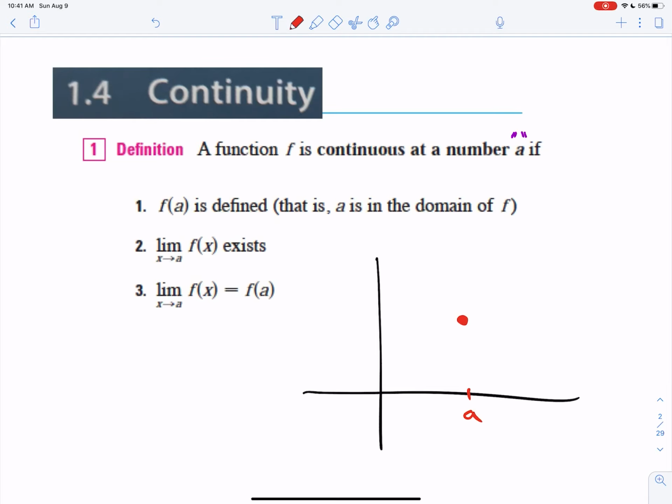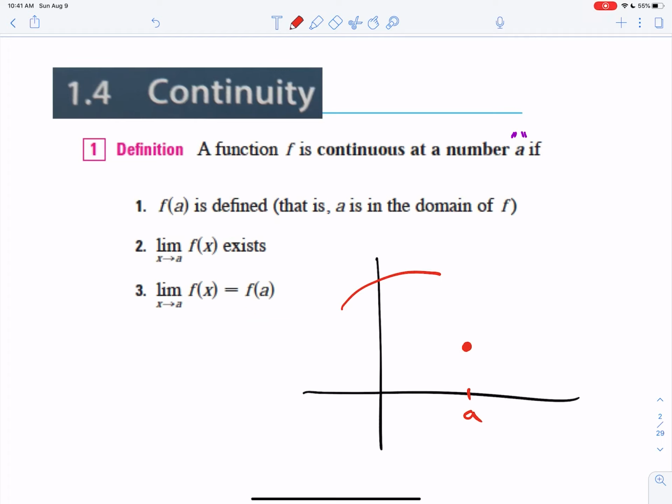Number two, the limit has to exist. This is defined. The limit has to exist. But three, notice how the limit has to equal the defined function.